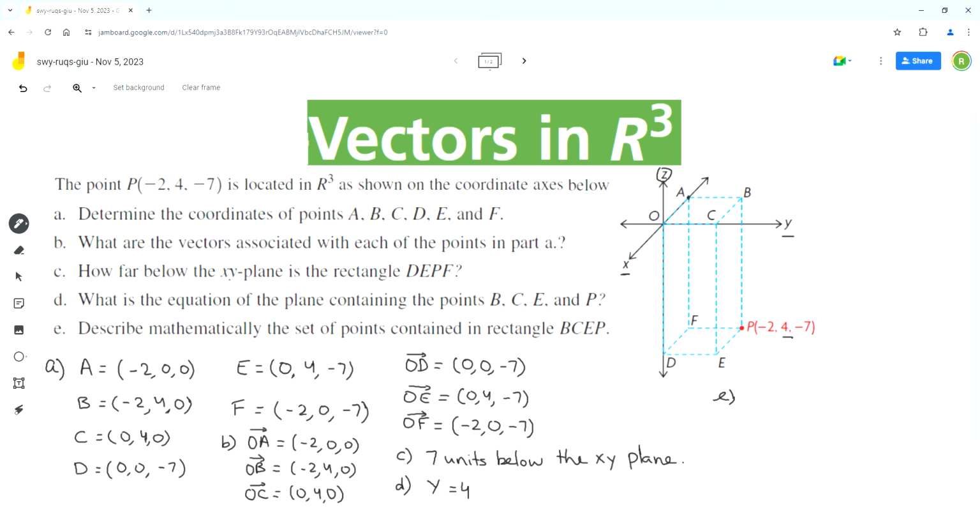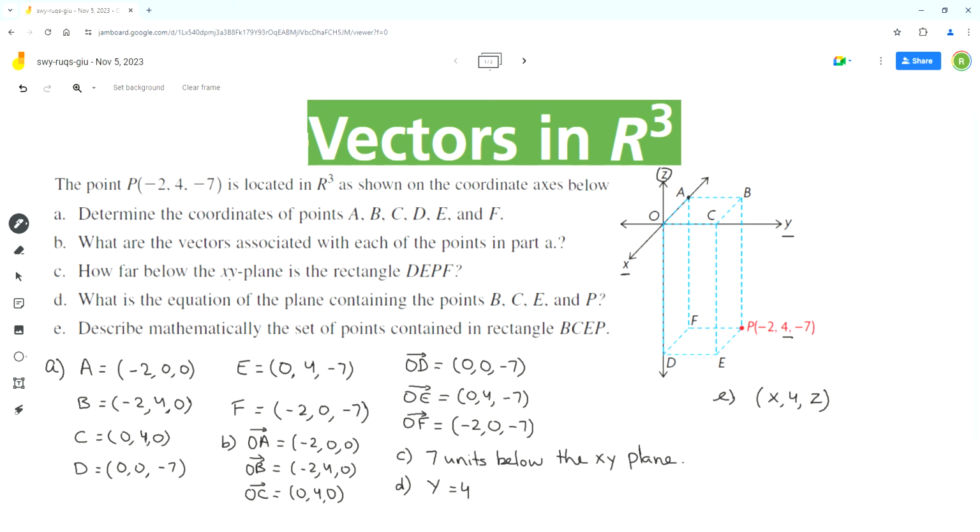So the general point for all points that lie in this rectangle can be written as an ordered triple (x, 4, z).